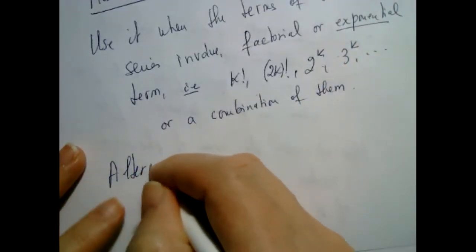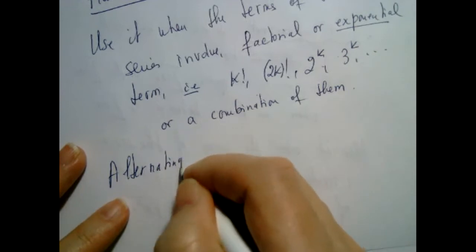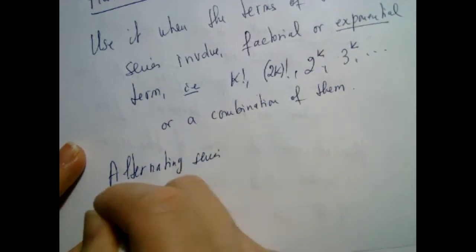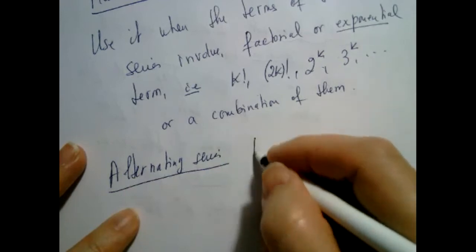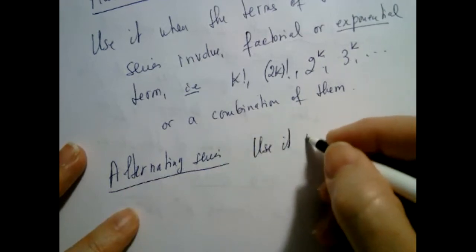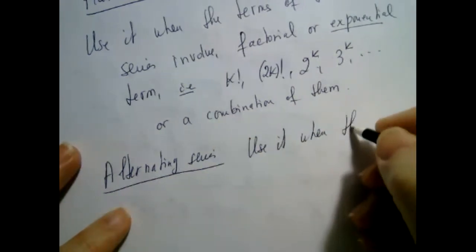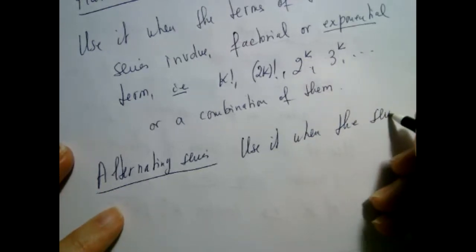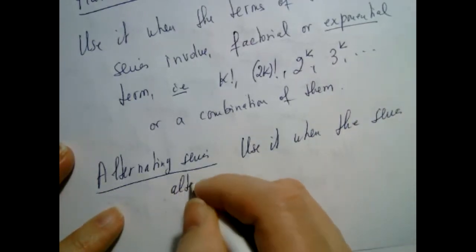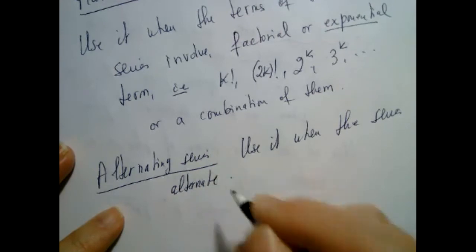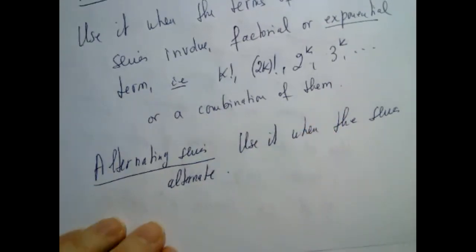This is a very restricted test. Use it when the series alternates. You have to make sure both conditions of the alternating series test are satisfied, or you cannot use it.